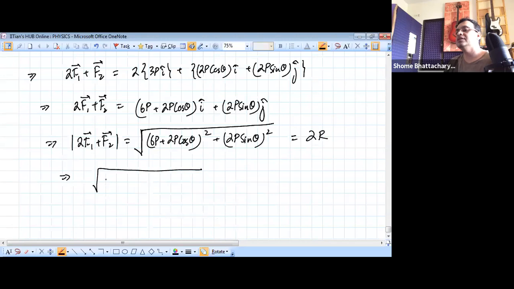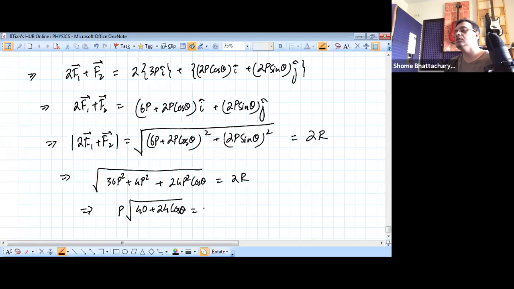So you will get 36p square plus again 4p square, because sin square plus cos square is 1, and plus again 24p square cos theta, that is equal to 2r. So you can take the p common and you have square root of 40 plus 24 cos theta is equal to 2r. And this is your equation 2.